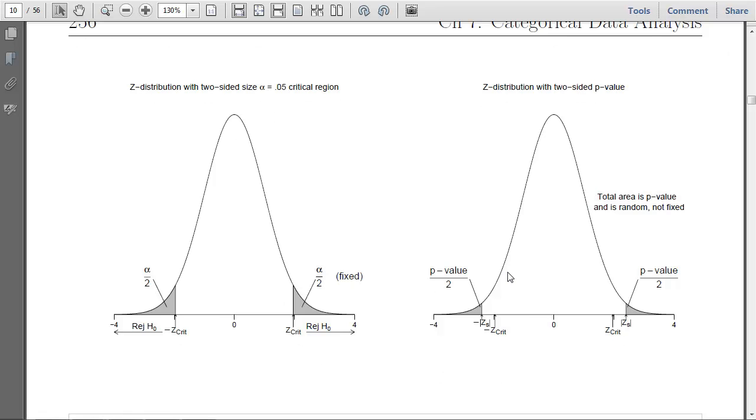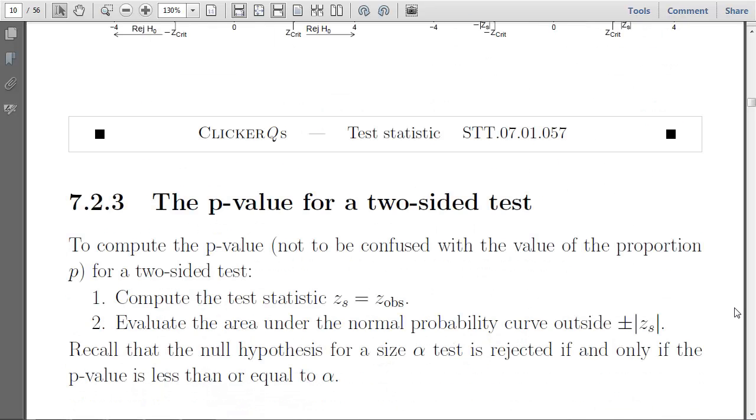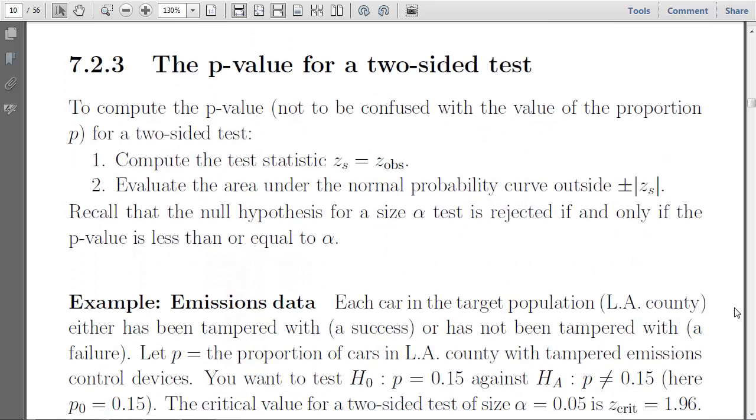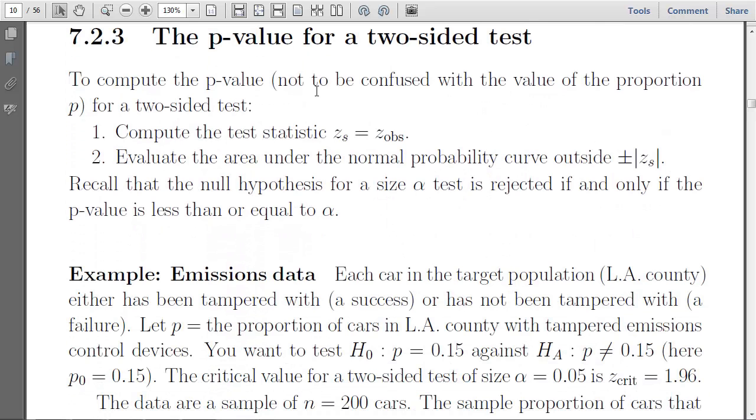Alternatively, you can do things based on the p-values. So wherever your Z statistic was, you calculate the area more extreme than the absolute value of the Z statistic and add those two areas together to get your p-value and compare your p-value against alpha. All right, so that's pretty much what this small section says.